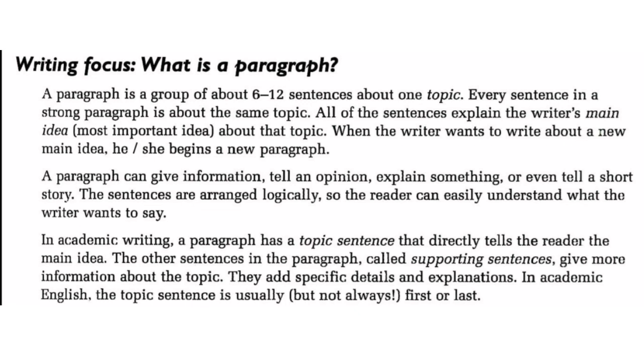The other sentences in the paragraph, called supporting sentences, give more information about the topic. They add specific details and explanation. In academic English, the topic sentence is usually, but not always, first or last.